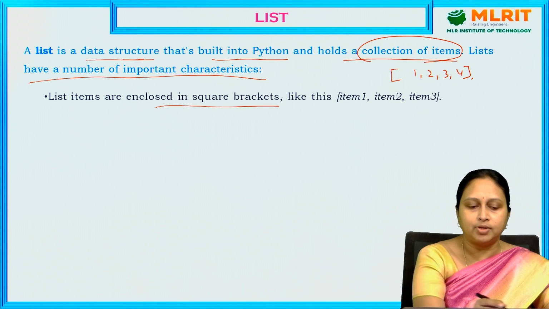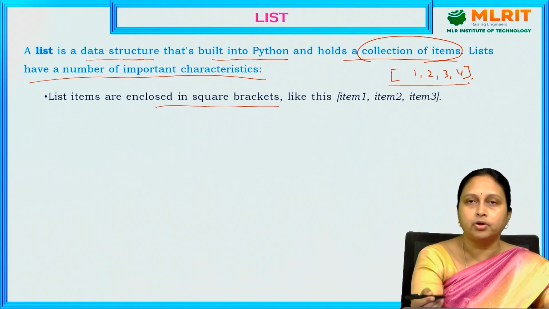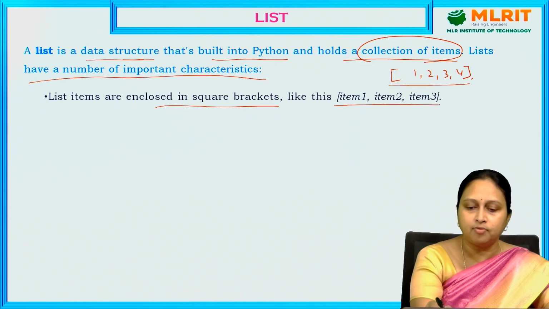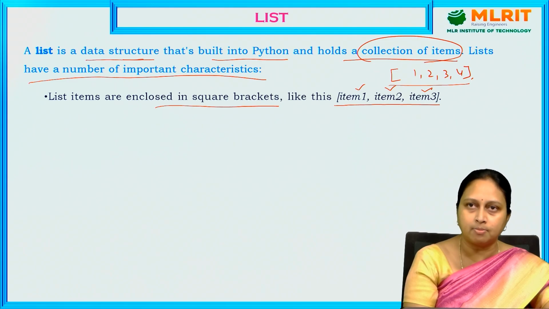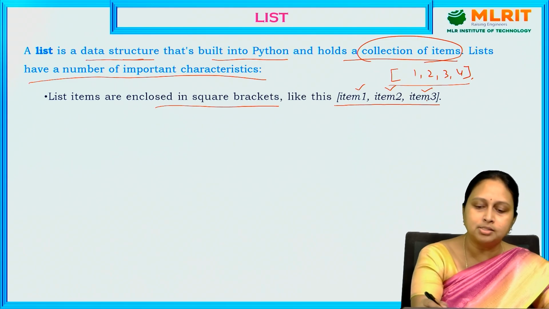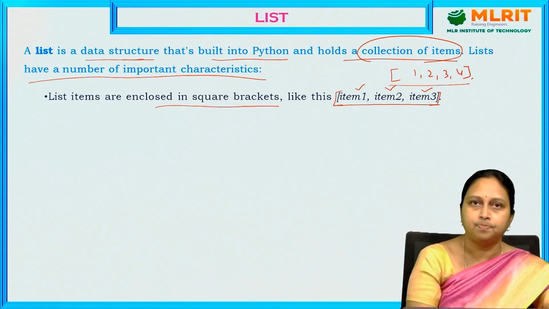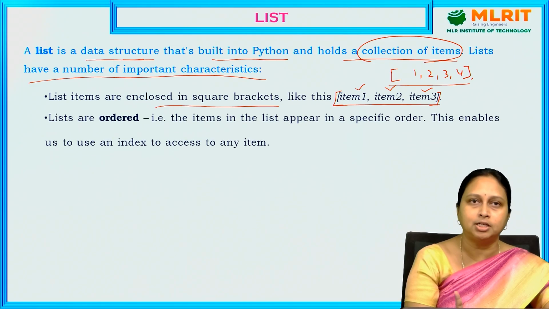As we have discussed, a list is going to be represented with square brackets. For example, this is a way where you represent item 1, item 2 and item 3, all three separated by commas and enclosed in square braces. This is the first point which you need to remember when you represent a list.